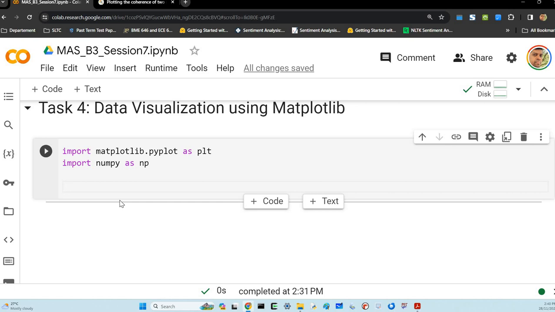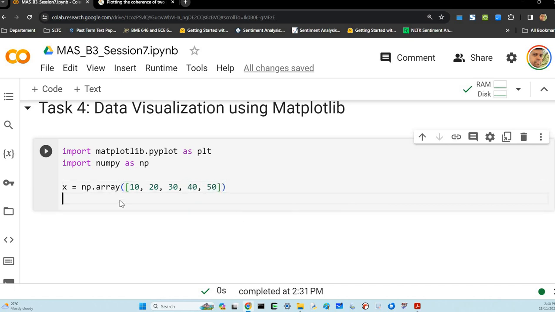So any plotting we need to have at least 2 sets of values for x and y. Let's say we'll define our x's as np.array. Let's have some values. Let's have values for y as well.